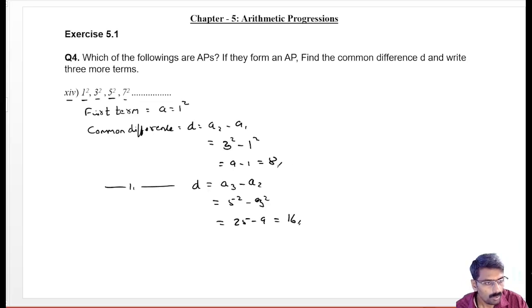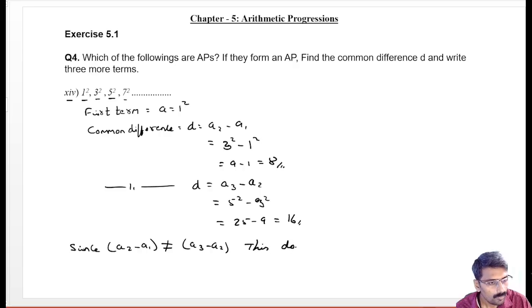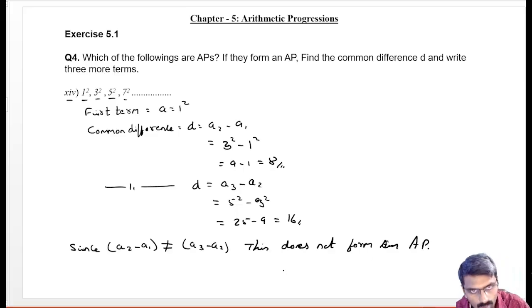So when we observe common difference is not equal, so we can write, since a2 minus a1 is not equal to a3 minus a2, this does not form an AP. This would be our final answer.